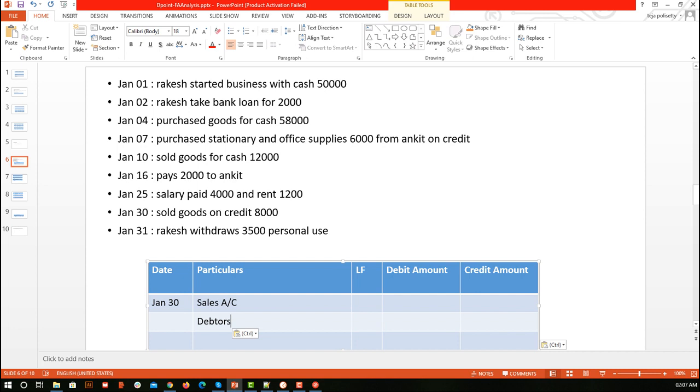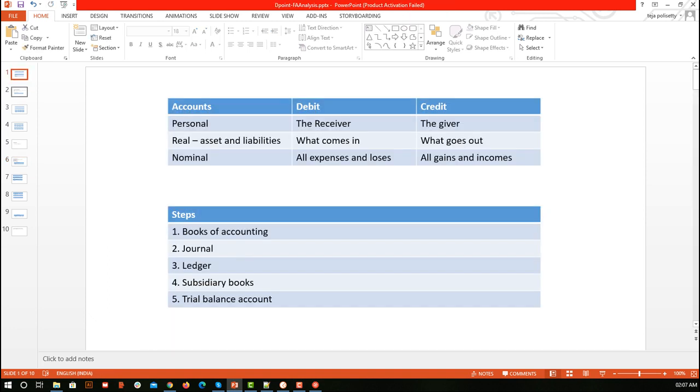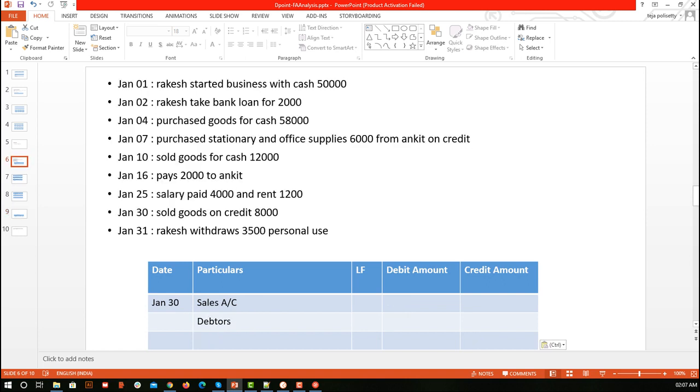When we sell something, we are getting profits, so in terms of profit, it is a credit. So let me write that credit. This is going to be our 8,000. Similarly, accounts receivable will be the debit, because it is something which is going to receive the amount, so we are going to write 8,000.